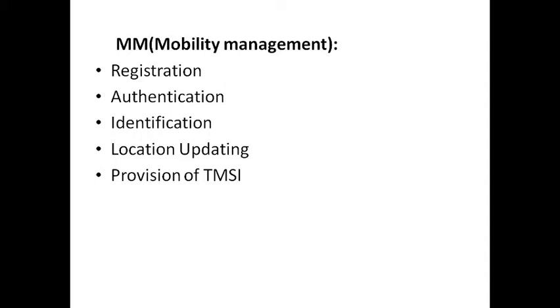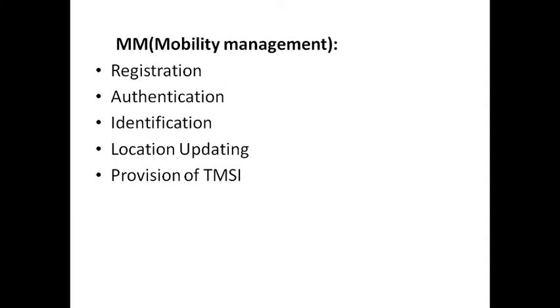And the third one is identification. Identification of a mobile station is done in two ways: by taking the TMSI, the Temporary Mobile Subscriber Identity, or the IMSI, the International Mobile Subscriber Identity. These are the two ways to identify a mobile station in the GSM network.